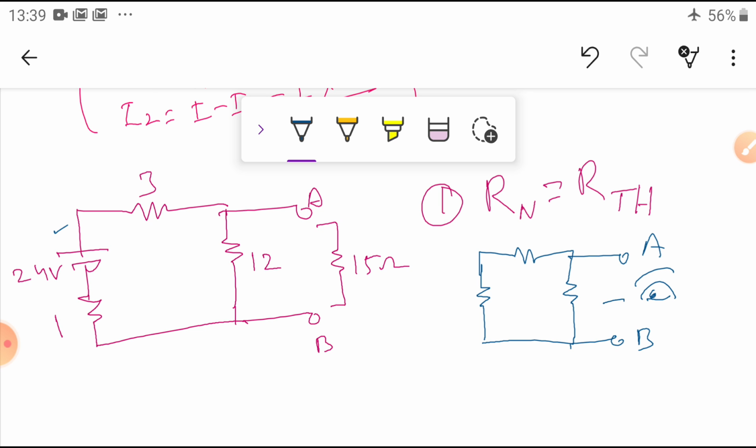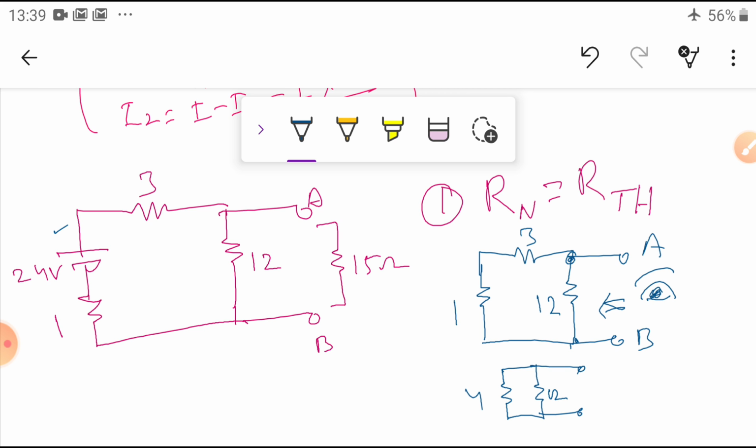You can see here this is 1 ohm, this is 3 ohms, and this is 12 ohms. The 3 plus 1 are in series, so that is 4 ohms. Now the 12 ohms is connected across the AB terminals.